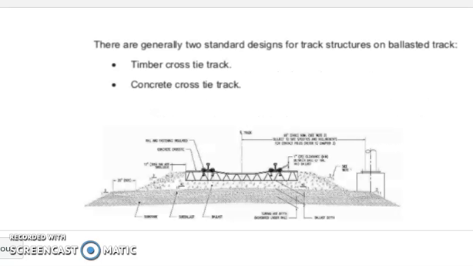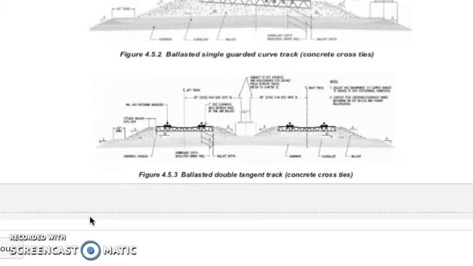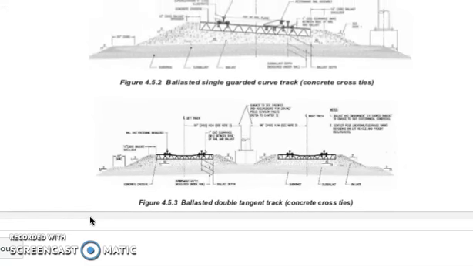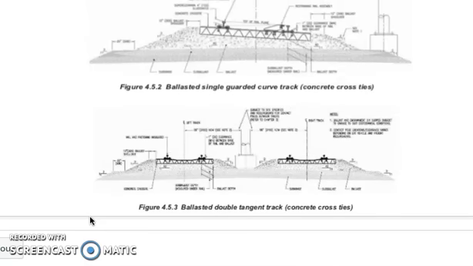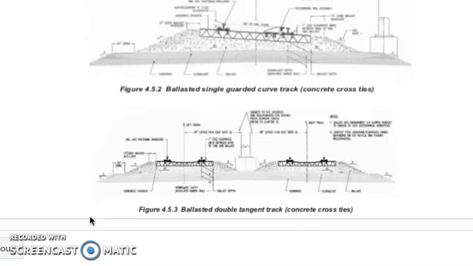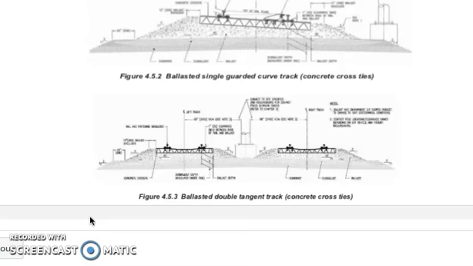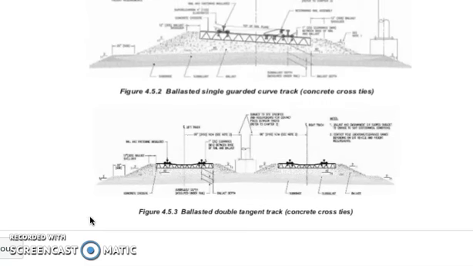So we have here an illustration of two standard designs for track structure on ballasted track. We have the timber cross tie and we have the concrete cross tie. These are illustrations for ballasted double tangent and single guarded curve track. So this is a concrete cross tie, and both the single guarded and the double guarded are on concrete cross ties.